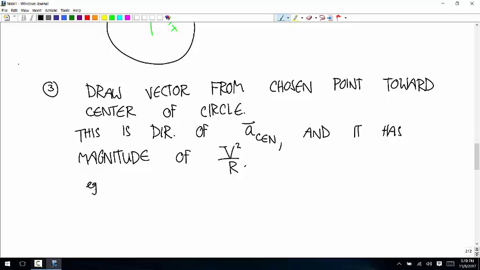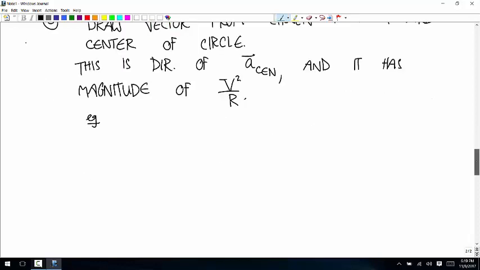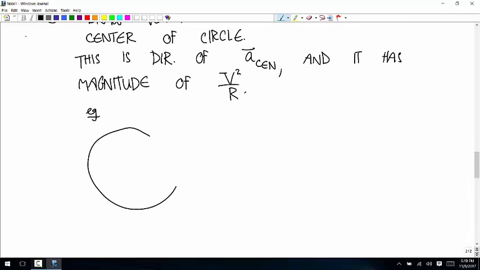So in our example, there's the path, there's the location that we're looking at, there's the coordinate system, and this is the direction of the centripetal acceleration.